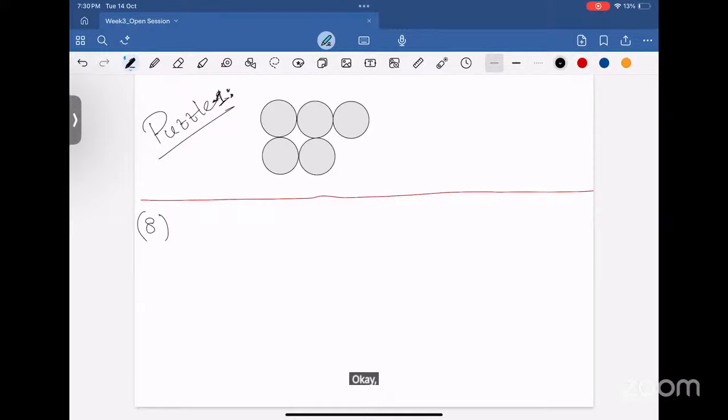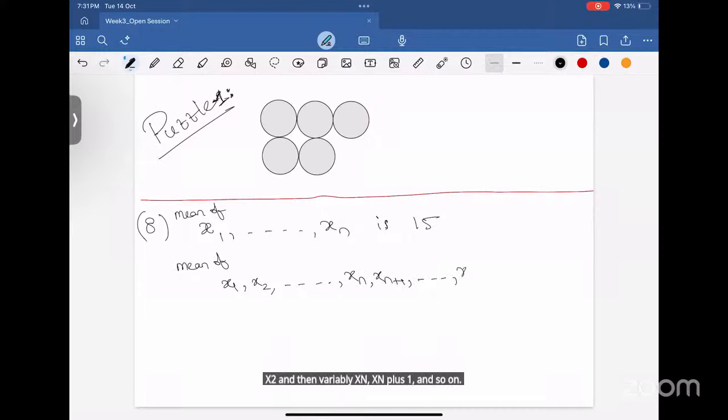Okay, all right. So this question 8, we have been given that the mean of n observations is 15. And the mean of 2n observations, x1, x2 up to xn, then xn plus 1 and so on up to x2n, is 45.